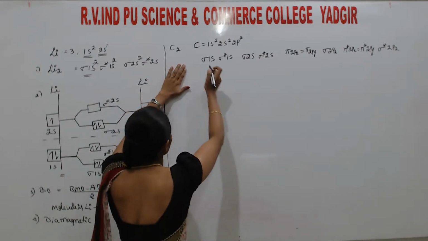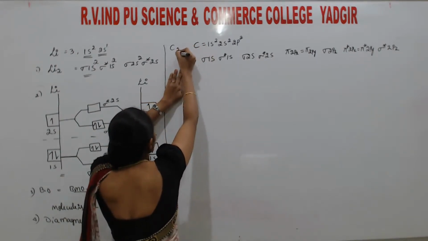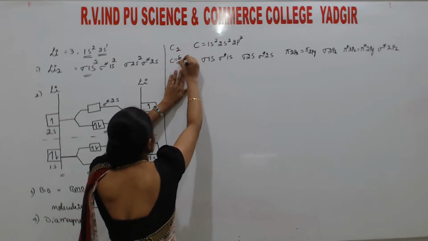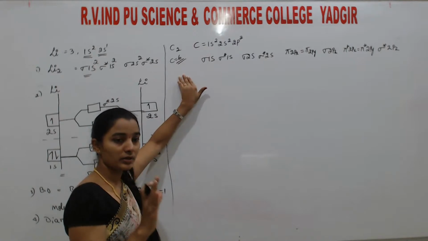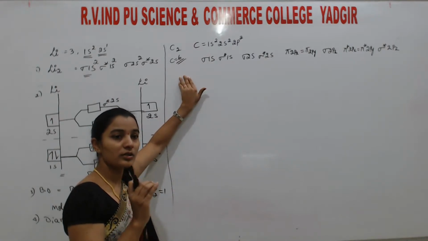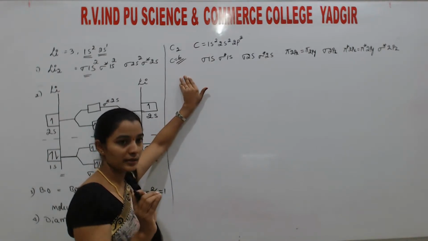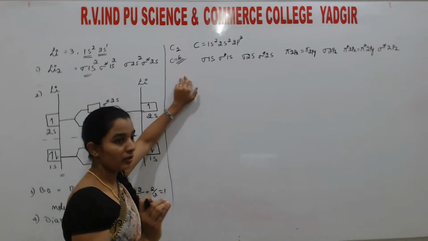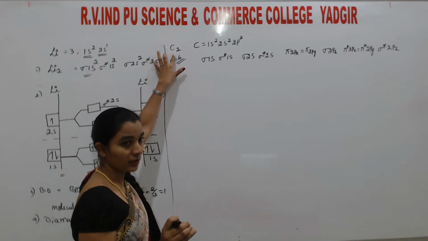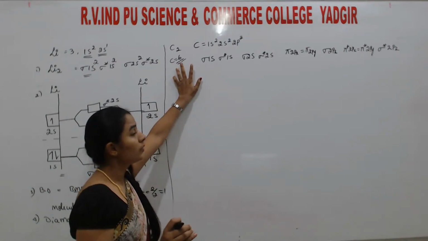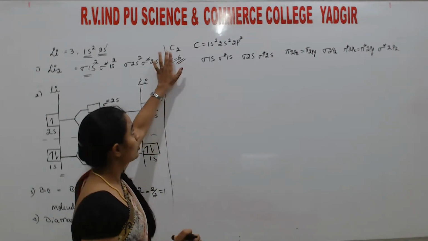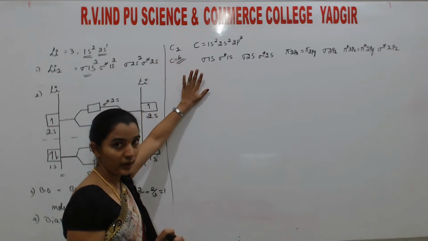Okay? So here, for one carbon atom, the atomic number is 6. Means the number of electrons is also equal to 6. Are you getting? So here 2 carbon atoms are there. Then how many electrons? For one carbon atom, 6 electrons. For 2 carbon atoms, 12 electrons.